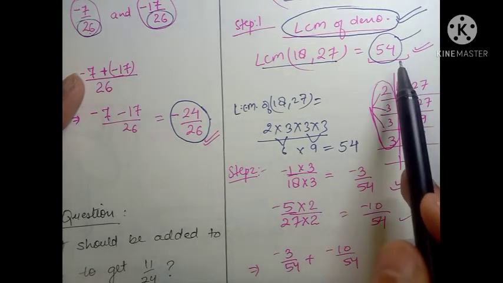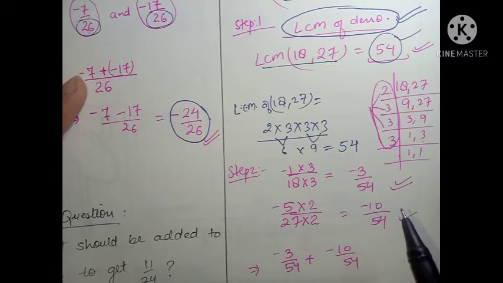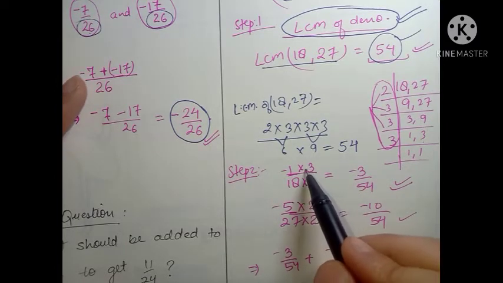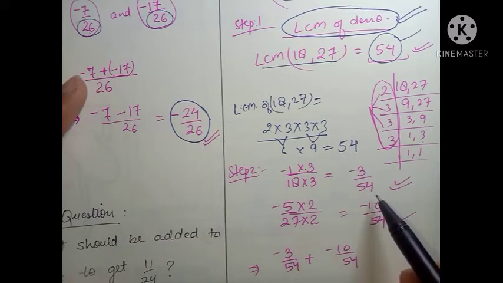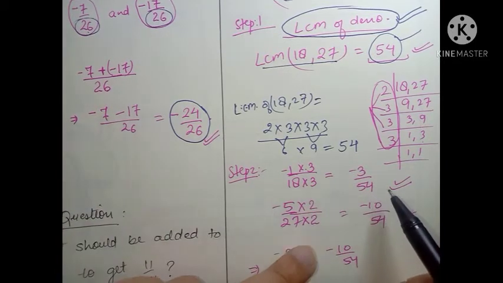LCM is 54. That's why we are interested in making their denominators equal to 54. For that, we need to multiply by 3 in the numerator and the denominator so that the denominator becomes 54. So this gives us minus 3 upon 54.